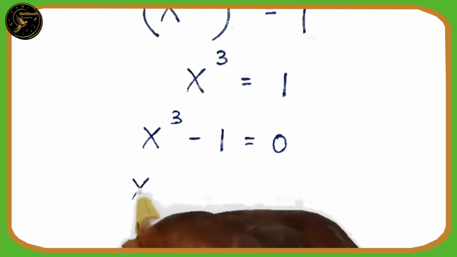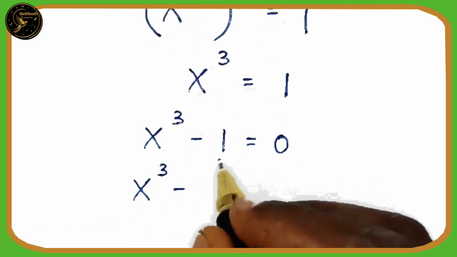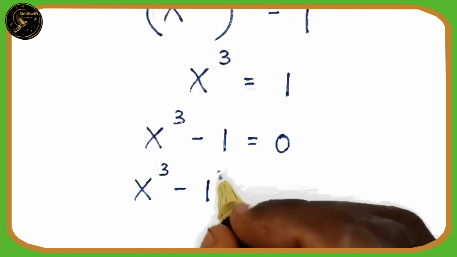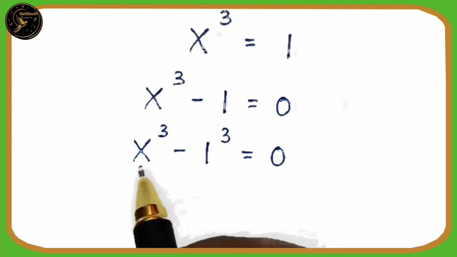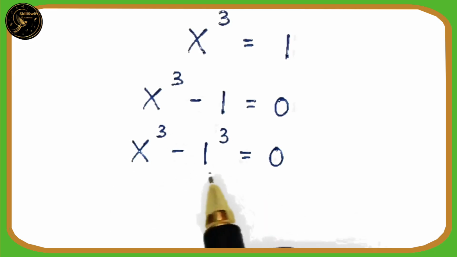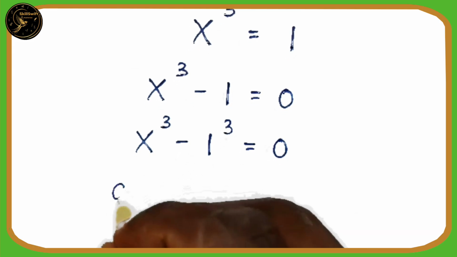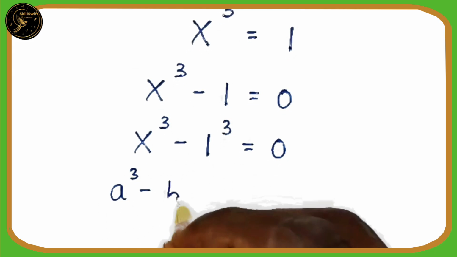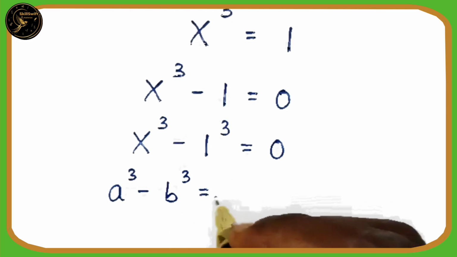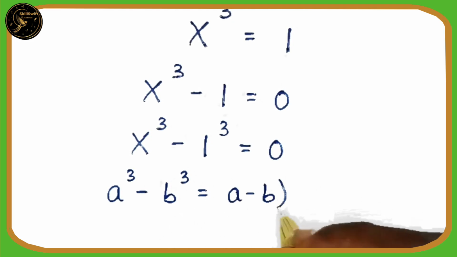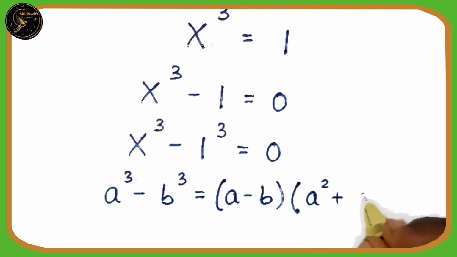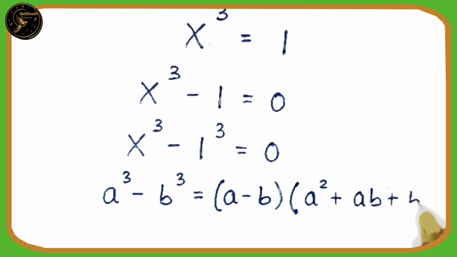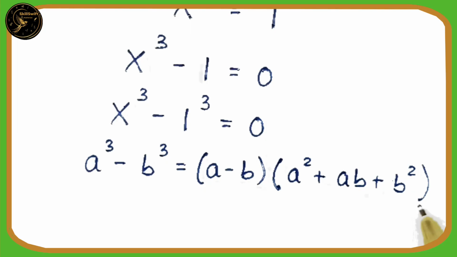Then it will be x cubed minus 1 cubed equal to 0. This x cubed minus 1 cubed is in the form of a cubed minus b cubed, which is equal to a minus b, bracket a squared plus ab plus b squared, bracket.